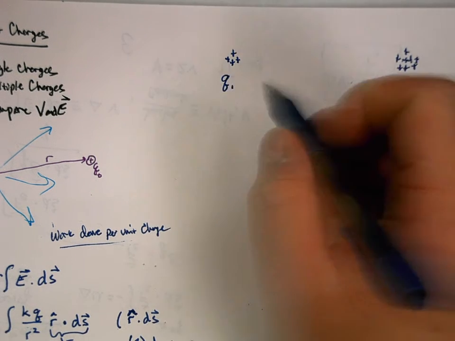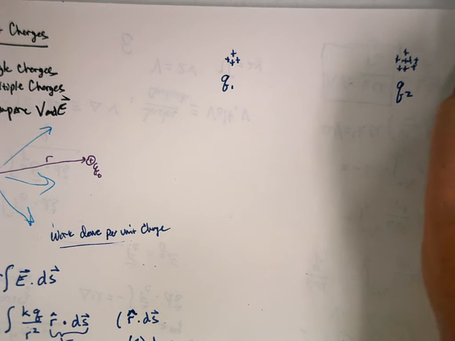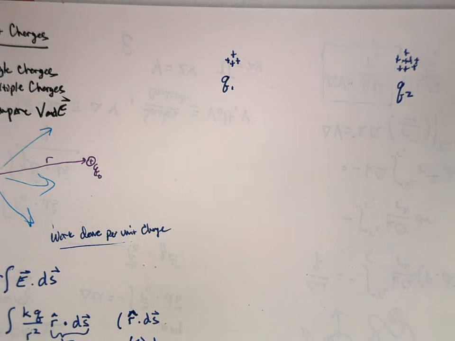These two are going to have a potential energy between them, because to hold them in these spots, if all of a sudden we let go, what are they going to do? They're going to fly apart. So just in the fact that they're in proximity to each other gives them a potential energy with each other.